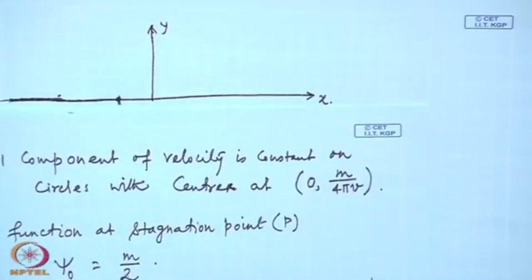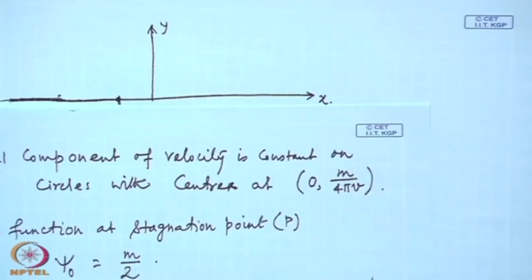Then as it increases from pi to 2 pi, this y becomes negative, but it is symmetric. The value at theta equal to pi by 2 is the same as the value at theta equal to 3 pi by 2, but with a negative sign. So, it is something like this.